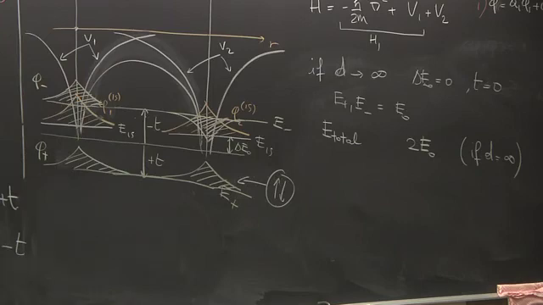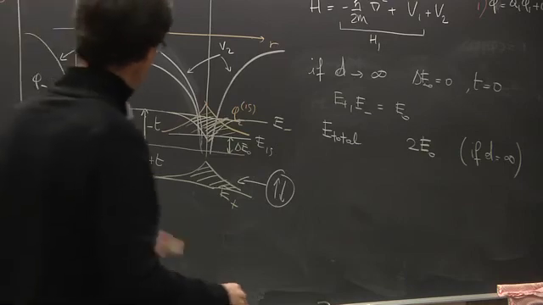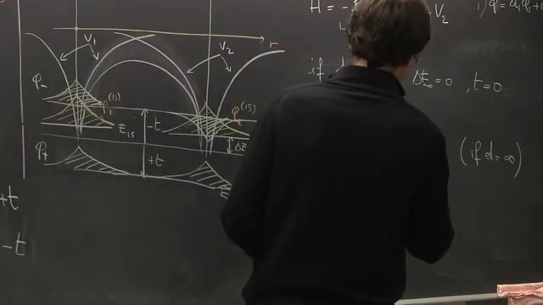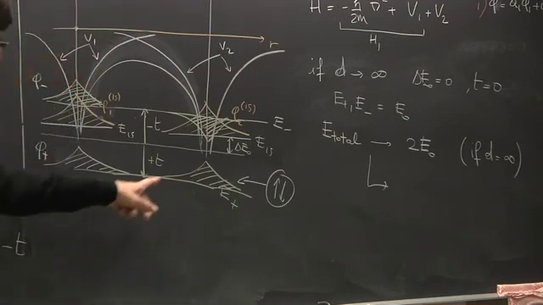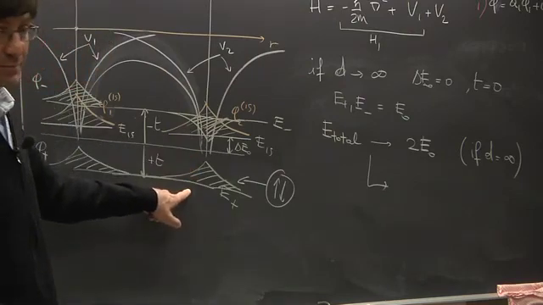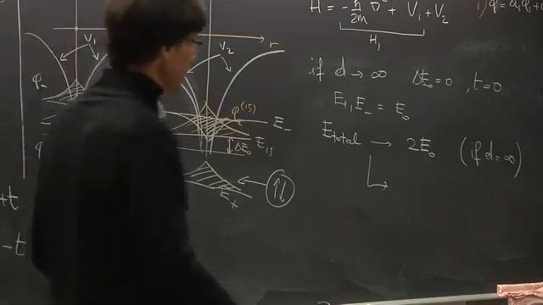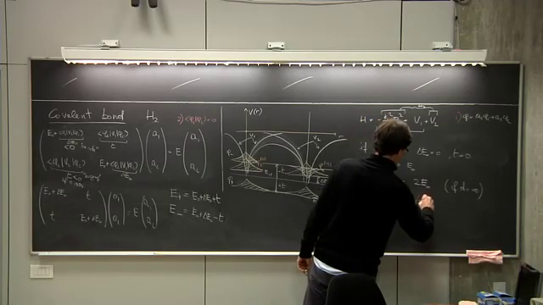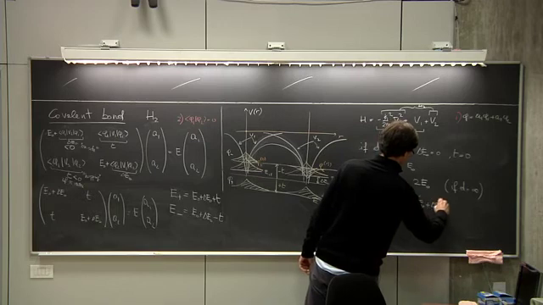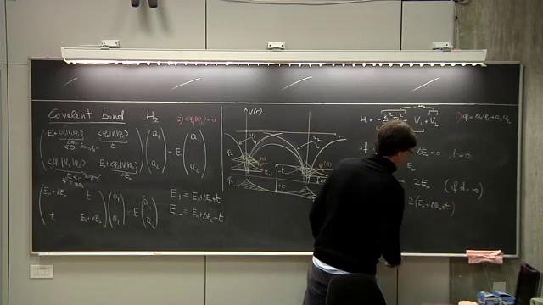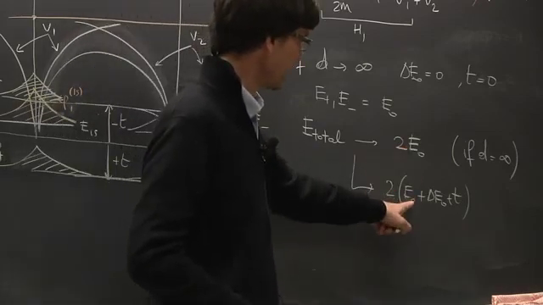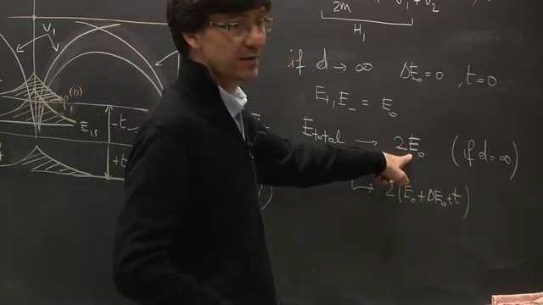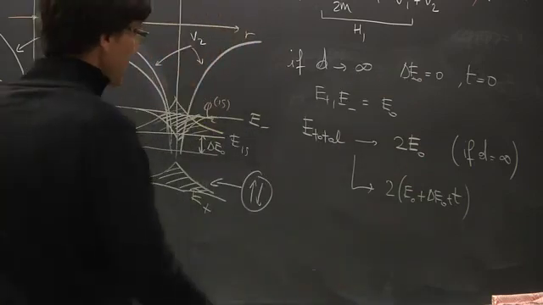It's a negative number, of course. But if now we bring the 2 atoms close to one another, the electrons are no longer here. They're actually here. So it's twice E naught plus delta E naught plus T, and both of them are negative. So the new energy is going to be below the original one.